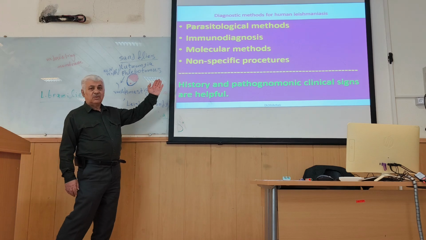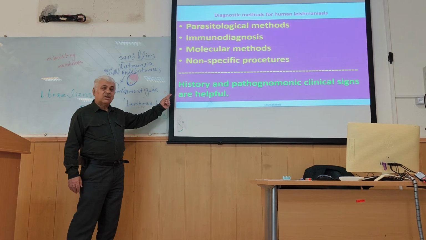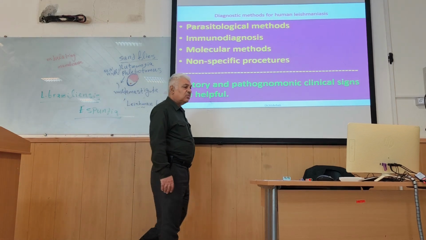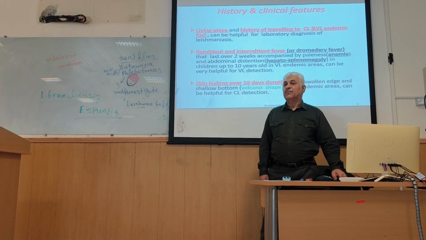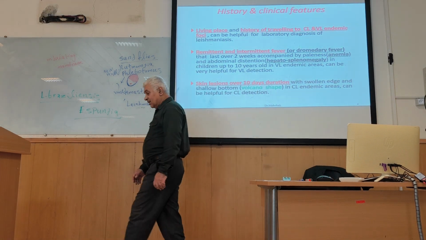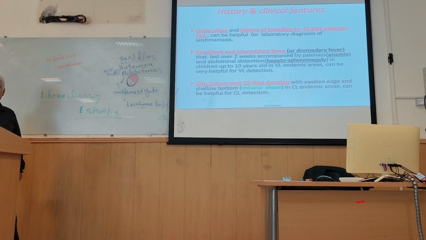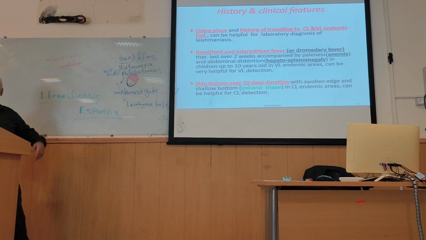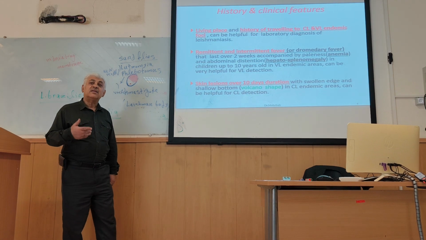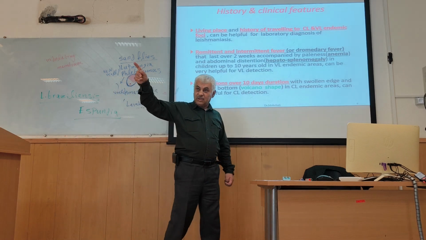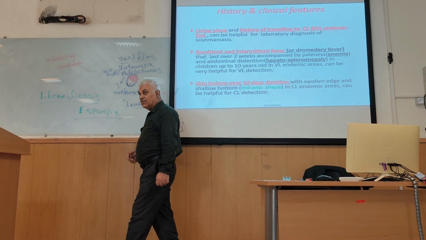But before we use laboratory methods, we consider the history and pathognomonic signs. History is very, very important and brings us close to the diagnosis of leishmaniasis. In the history, things such as living place and travel to an endemic area during the last year are very important.